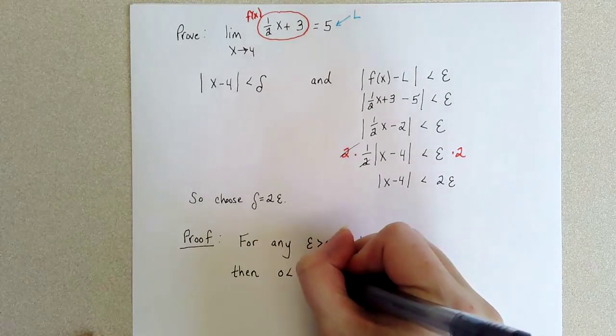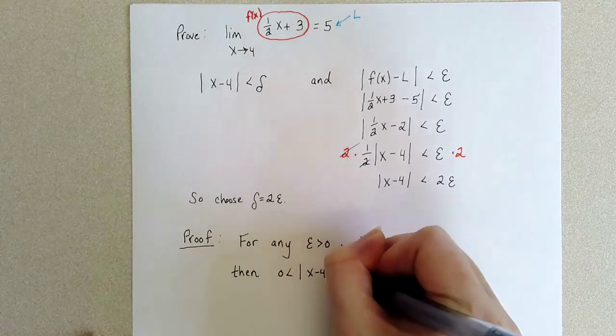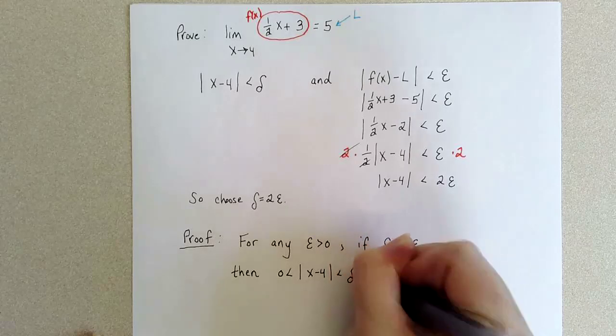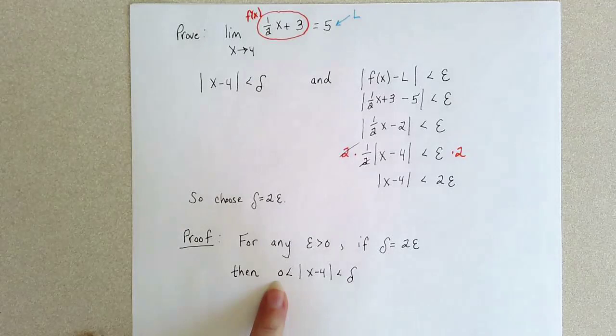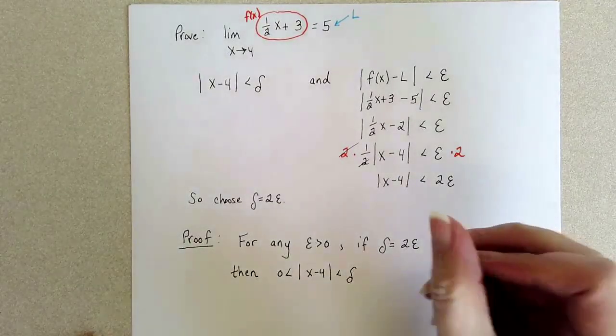So my absolute value of x minus 4 is less than delta, which was essentially what we wrote up here. I just didn't put the 0 over there, but I want to ensure that it's positive. So this is making sure that's a positive delta.